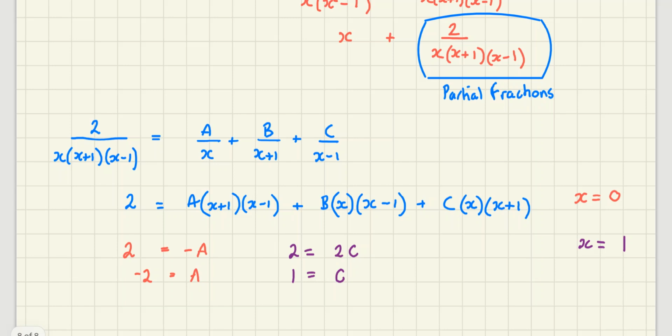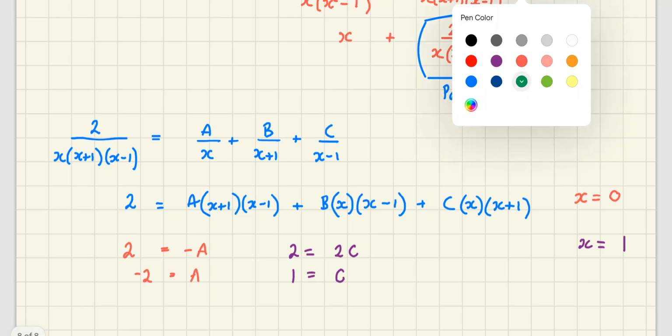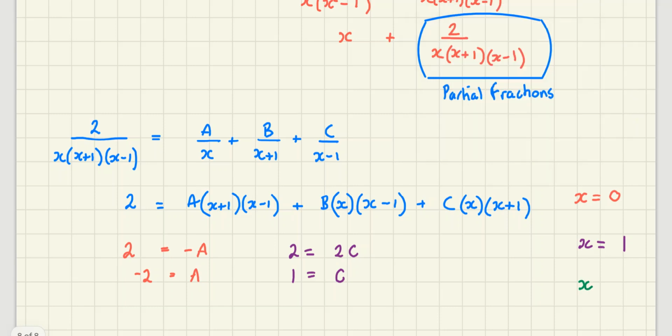Okay, and what's the final one I need to do? It's x being equal to negative 1. That gets rid of this one, gets rid of this one, so I get 2 is equal to minus 1 is minus 2, minus 2 times minus 1 is positive 2, so 2b, so therefore b is equal to 1.